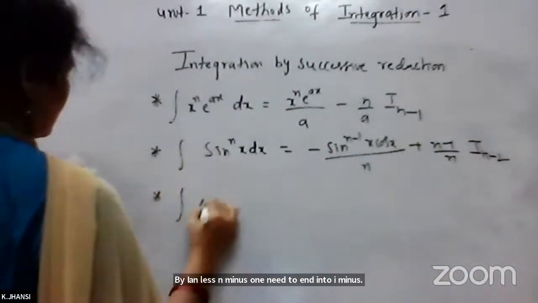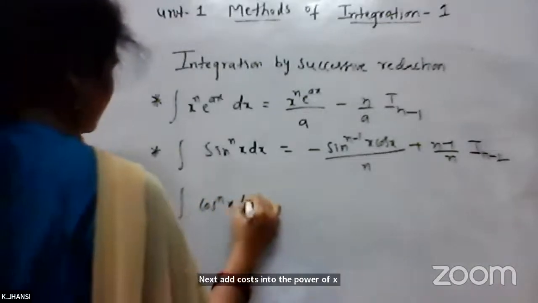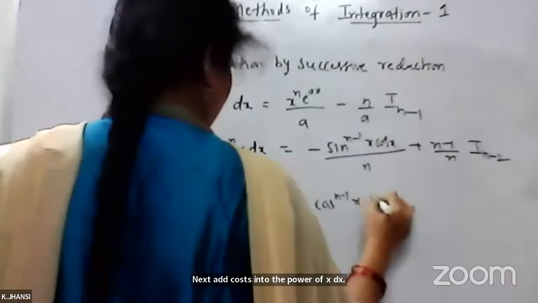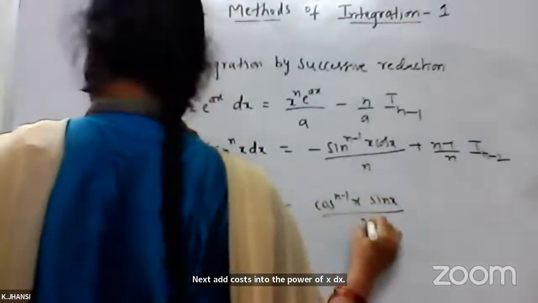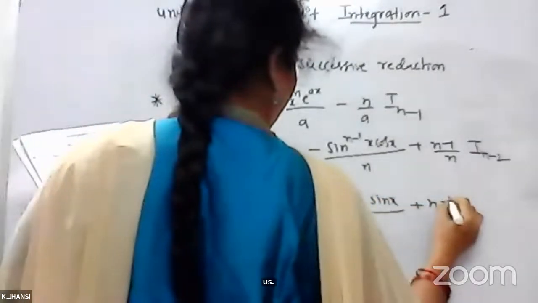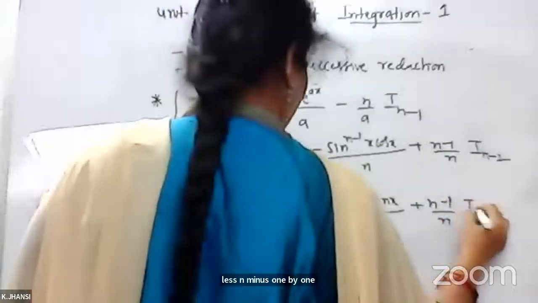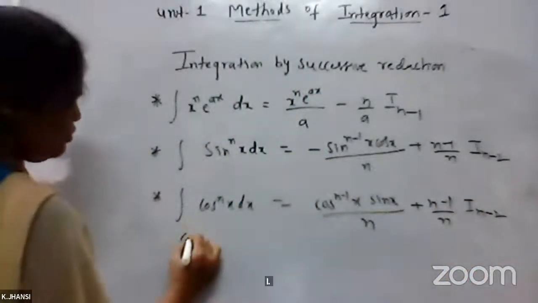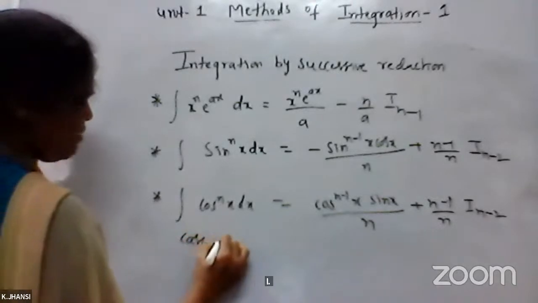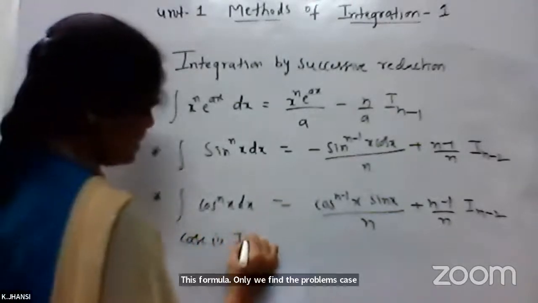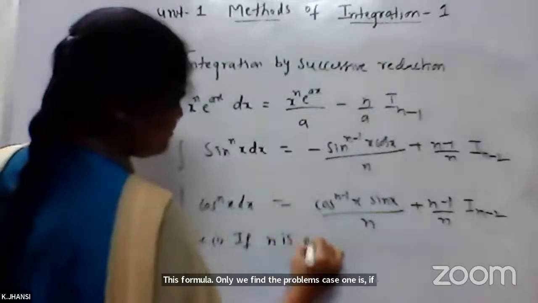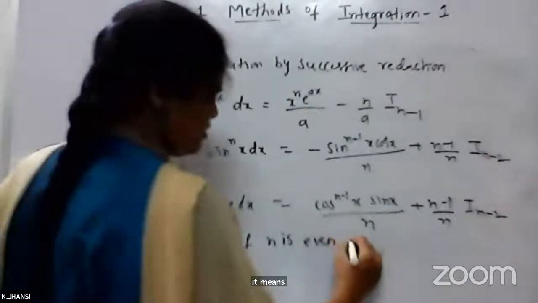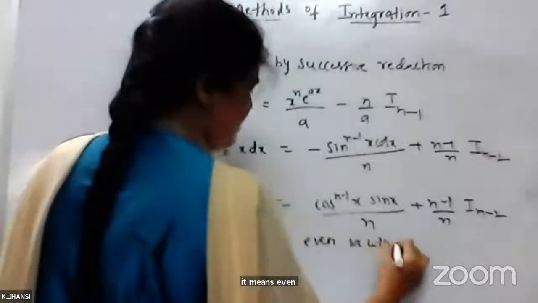Next, it is cos to the power of n x dx, cos plus n minus 1 by n I n minus 2. Okay. So through these formulas only we will find the problems. Case 1 is if n is even.